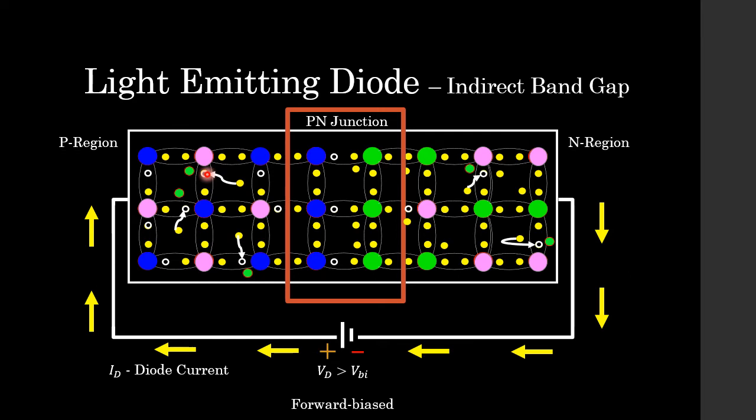This energy that is released is high enough so that it is released as a photon. That's why you see I've drawn photons here in the lattice structure. So every time we have an electron-hole recombination, a photon pops out as energy, and this photon is what you see as the light emitted by the diode.